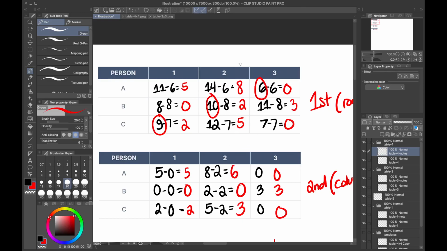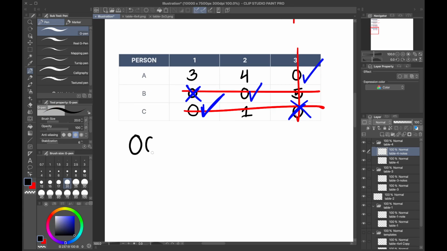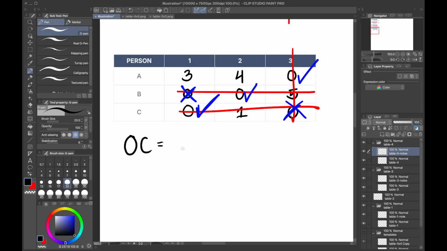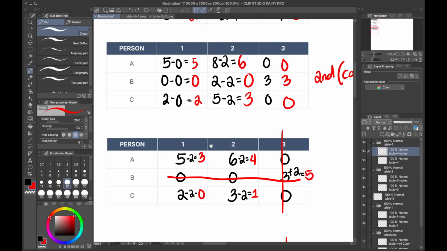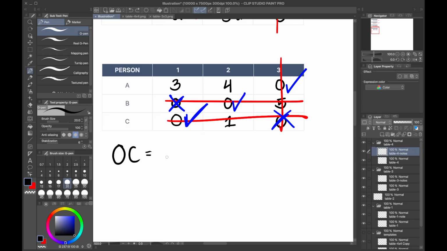So we basically add that. The optimum cost would be the cost given the assignments are these, right? The check marks of each person would be, let's go back, 9, 10, and 6. So we just added 9 plus 10 plus 6.